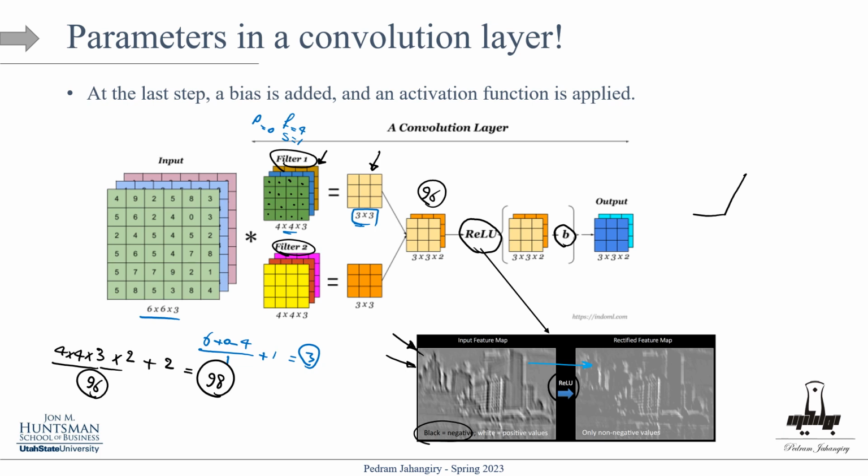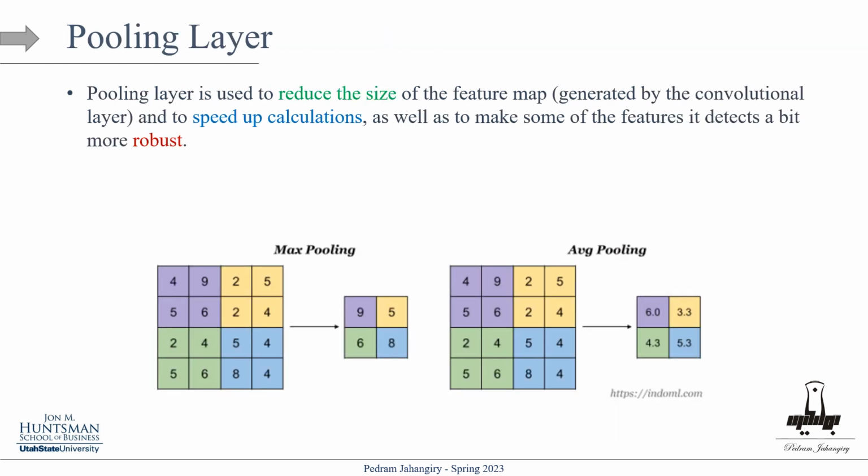As I said before, we add nonlinearity because the image world is absolutely nonlinear. So that's it. This is the input of our convolutional layer, and this is the output of our convolutional layer. Now we can stack a bunch of these together and call it a CNN. Okay, we're done with the convolutional layer.